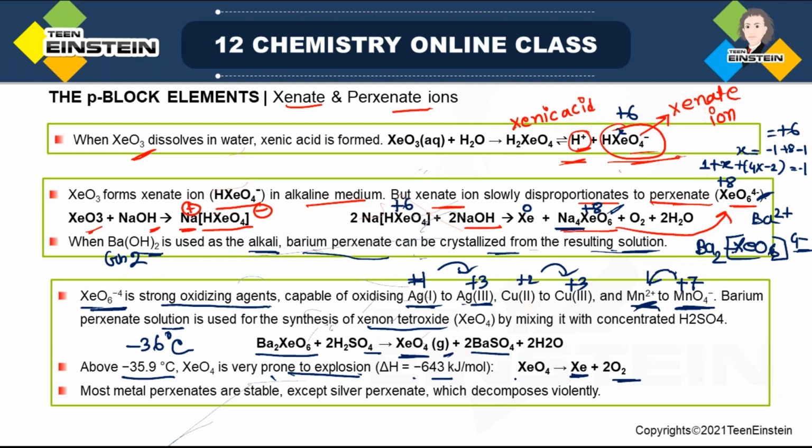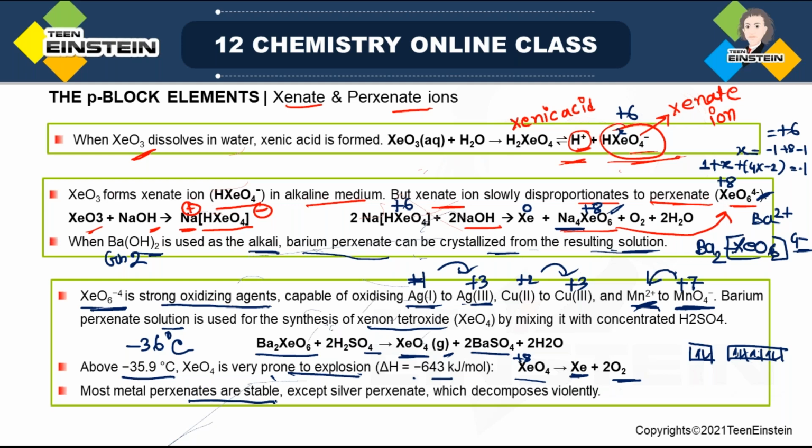And why is this so unstable? Because here the oxidation state is +8, which is really the maximum oxidation state that is possible, right? For a noble gas, the outermost electronic configuration is ns2 np6, that means a total of 8 valence electrons, but +8 oxidation means you have removed all the electrons. All the electrons are involved. So it is really a very unstable state for xenon, and that is why it is stable only when the temperature is below -36.